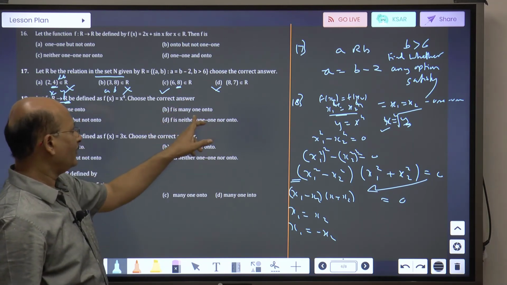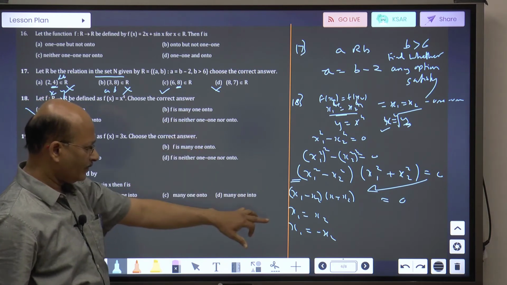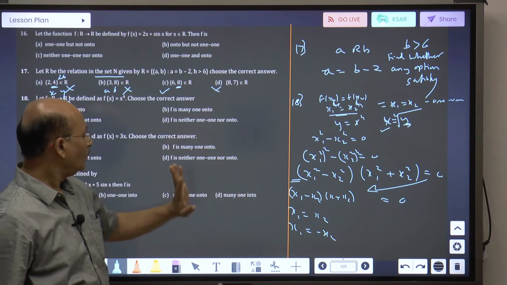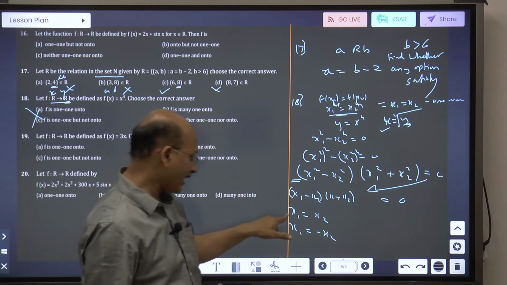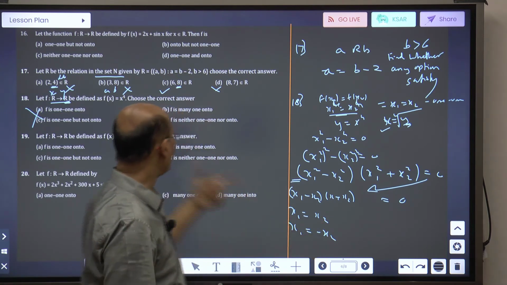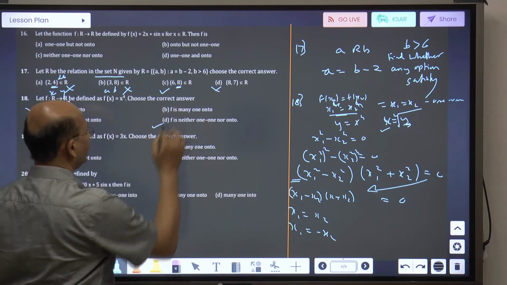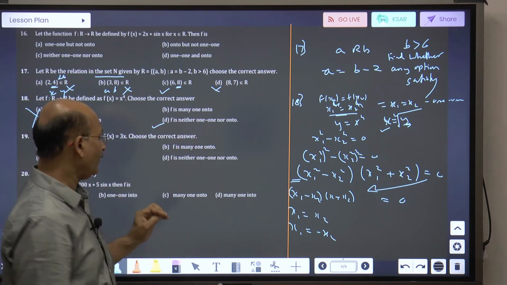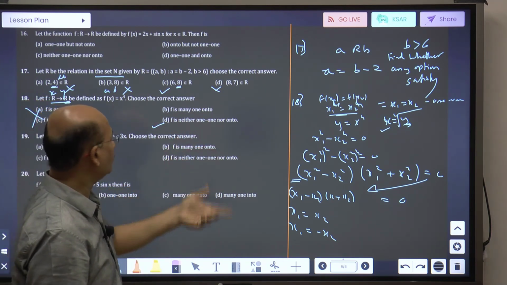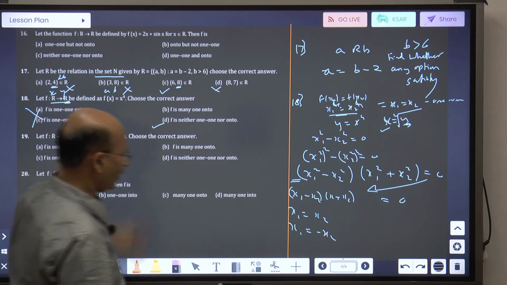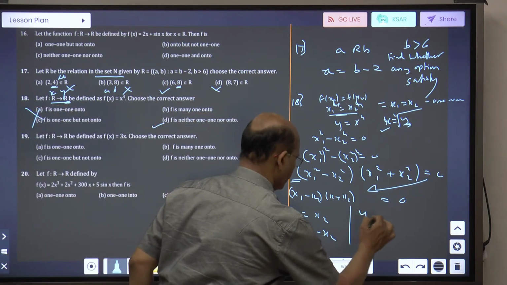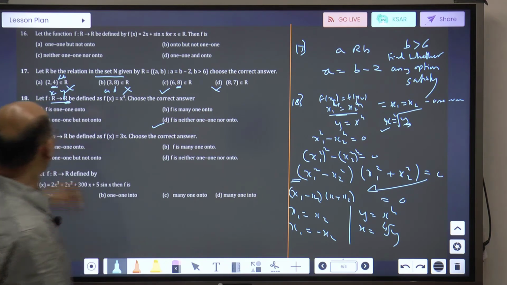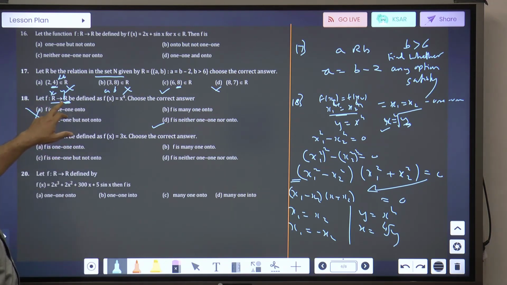Now just check, it is not 1-1, is it many-1? Many-1 is also not possible because x1 is x2 and x1 is minus x2. So only one option is there: it is neither 1-1 nor onto. So it is something different. For onto, you can work out, for example, y is equal to x raised to 4 is given. Look at this, y is a real number.